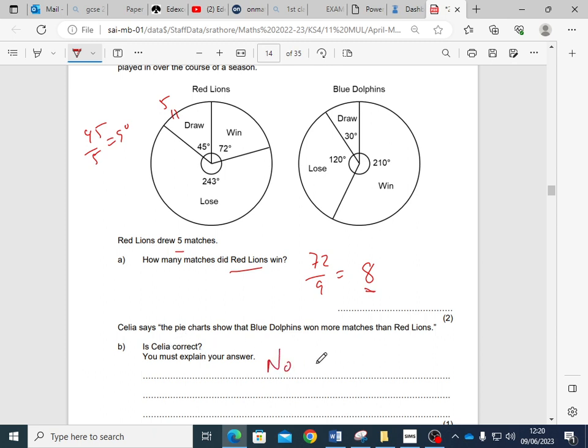No. We cannot tell, as this represents proportions, not actual matches. So we can't tell whether she's right because we don't know how many matches they played here. They might have only played 2 or 3 matches, you don't know, so therefore you can't tell.